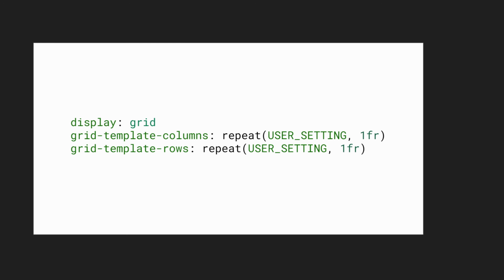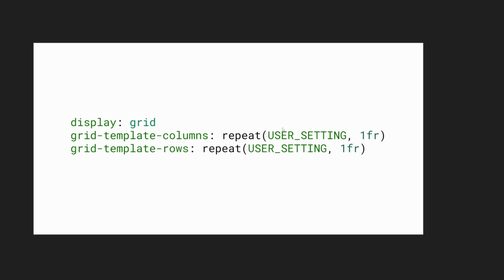And I want to place my chart, for instance, on this rectangle like that. How can I achieve this relatively easily with the CSS standard? The answer is CSS Grid. Essentially we can assign our container the following configuration: the container will have display grid, and then the grid template columns and rows will be configured by the user settings.